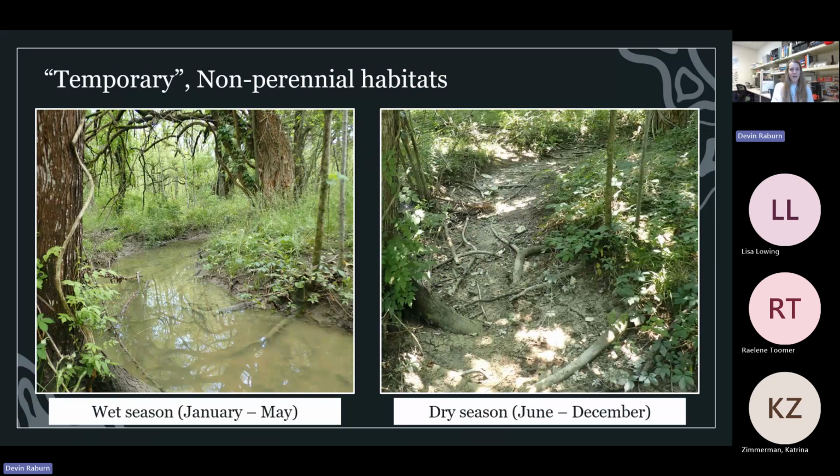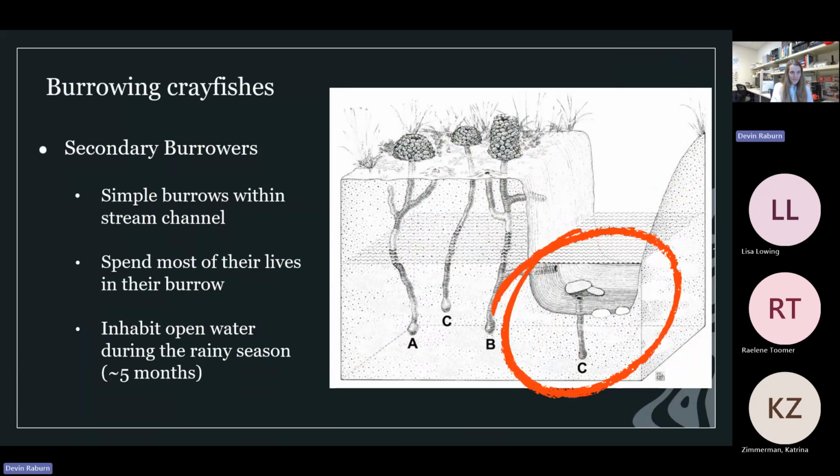But how can they do that? Well, they can do that because, as we said before, they are burrowing crayfishes, and they're actually classified as secondary burrowers. And this just basically means they construct really simple burrows within the stream channel. So we can see in picture C that this burrow is going right into the ground, but it's located right within the stream channel, usually up against rocks or roots or things like that where they can have some cover.